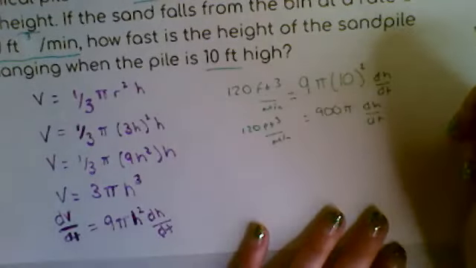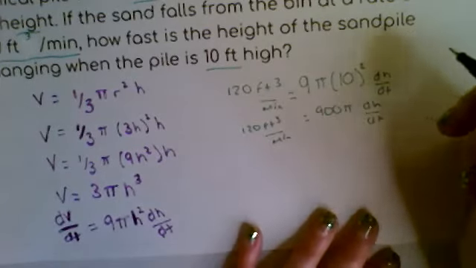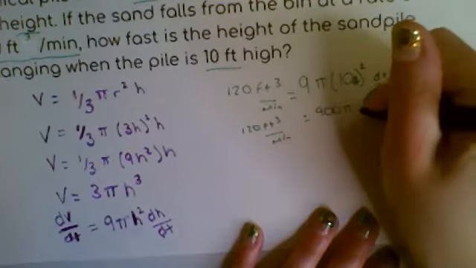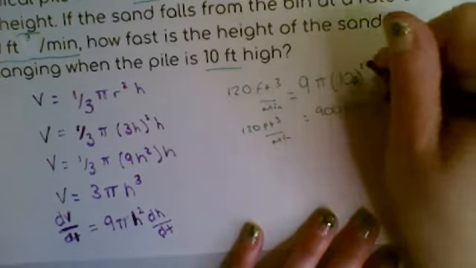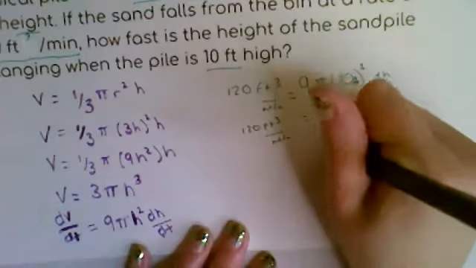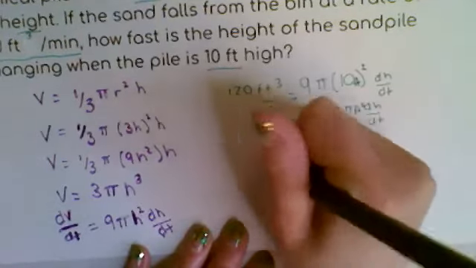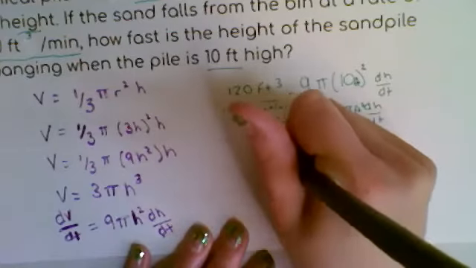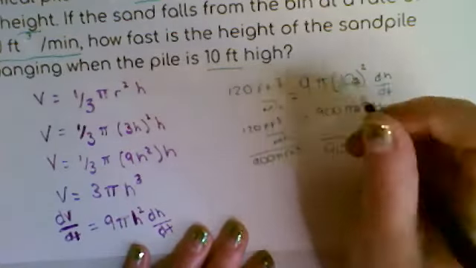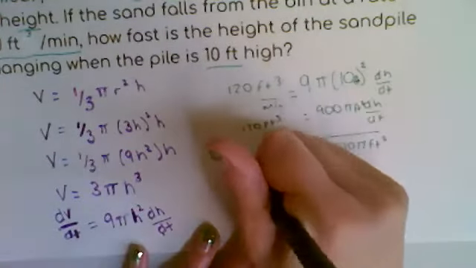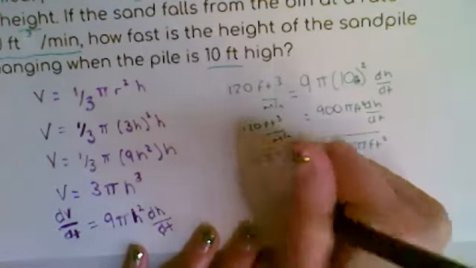This is feet, and I should have put my units, feet squared from my squared. So now I'm going to divide by 900 pi feet squared. This is going to reduce down to 2/15 pi.